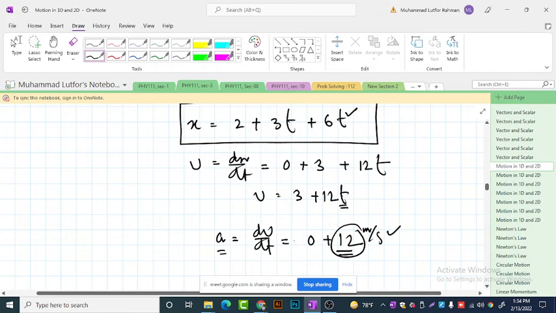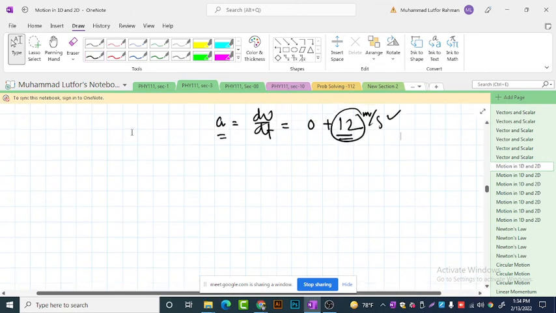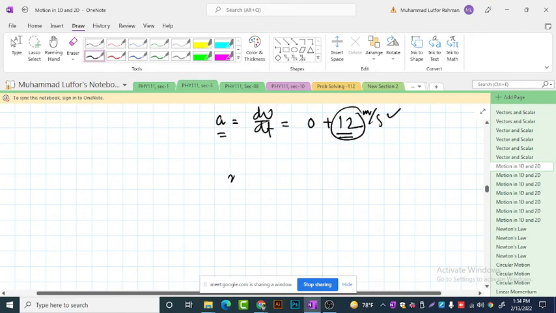What about, instead, if I find the equation is like x equal to 2 plus 4t cube? What would be the case in that case? It won't be a constant acceleration, right? If you take the second time derivative of that function, you will find there will be a t, because the power is 3 over there.